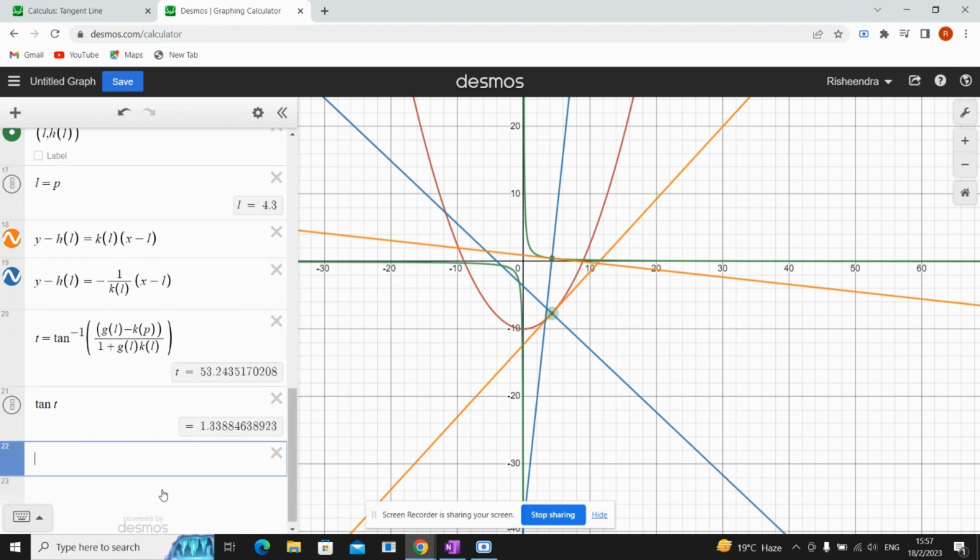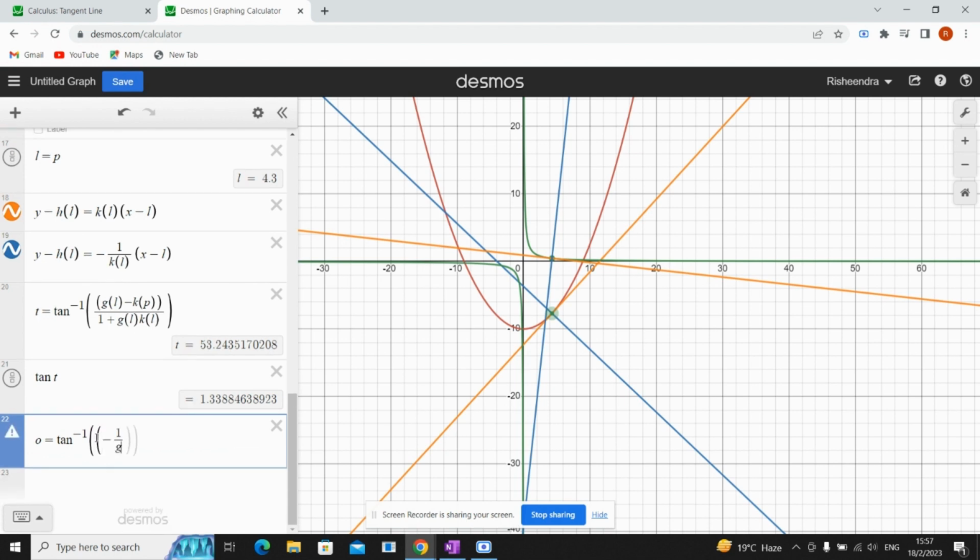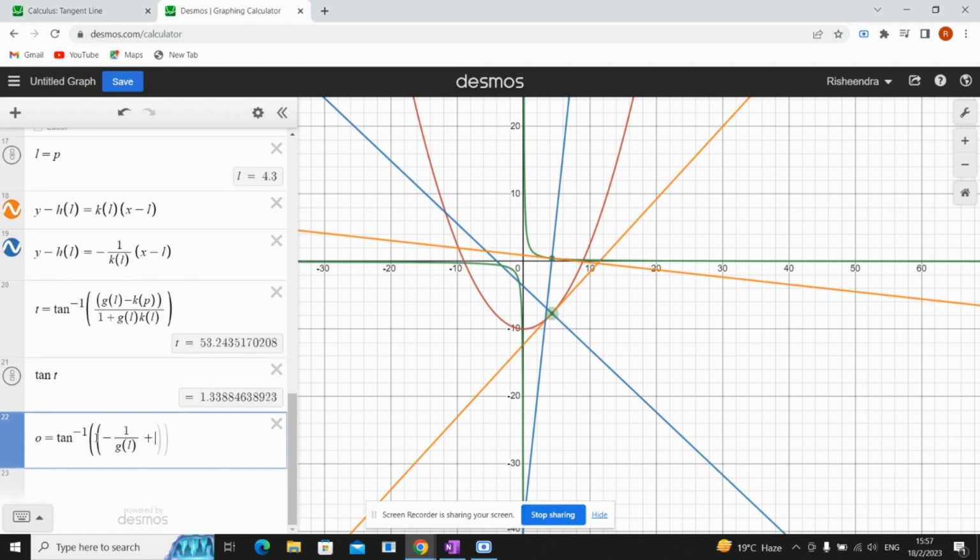I'm trying to do it. Theta is equal to, let's assume theta be the angle between the tangents. So tan inverse, and power minus 1. See what is the slope of this secant? Minus 1 by, so bracket open, minus 1 divided by g of L minus, now it's plus, minus of minus is plus, will be 1 over k of L or k of P, both are the same.